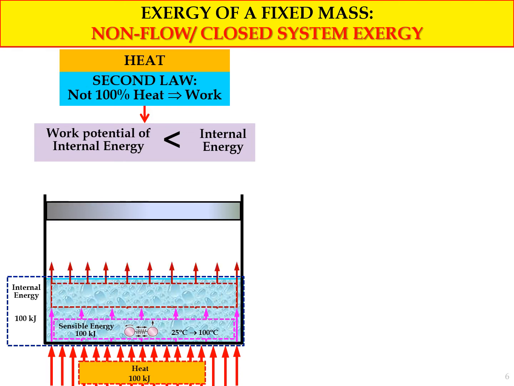And then from this 100 kilojoule of heat, the latent energy, which is some of the molecules break, since we already know that liquid water will change phase at 100 degrees Celsius.